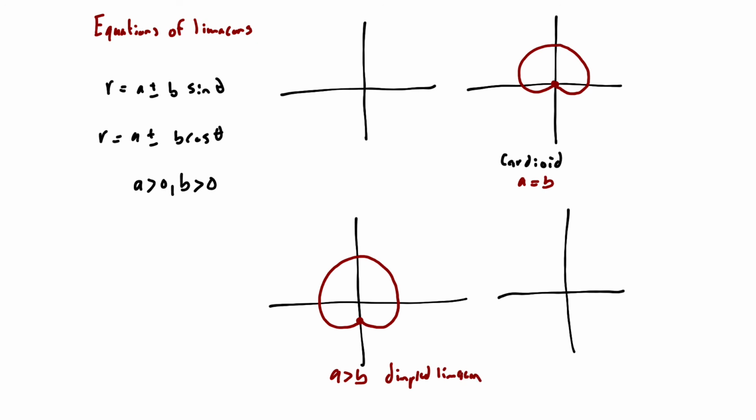In the other case, if we have that a is less than b, then what happens is we create a loop. And this is just called the limacon with an inner loop.